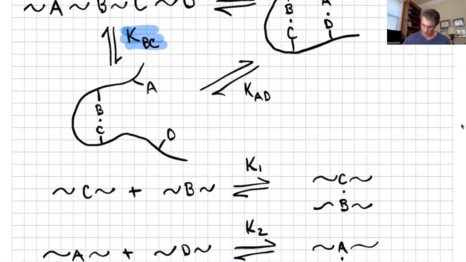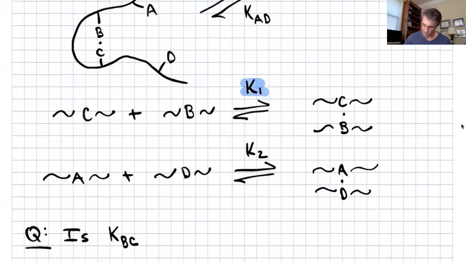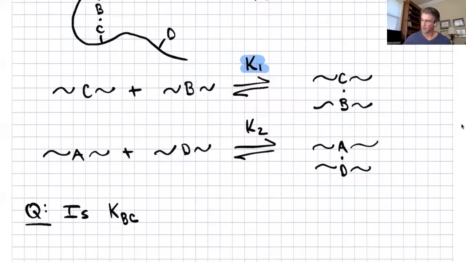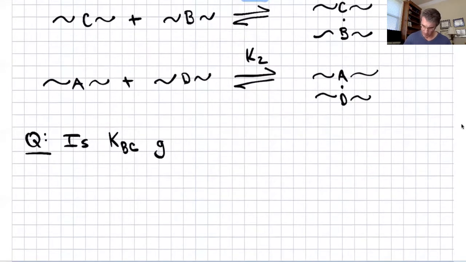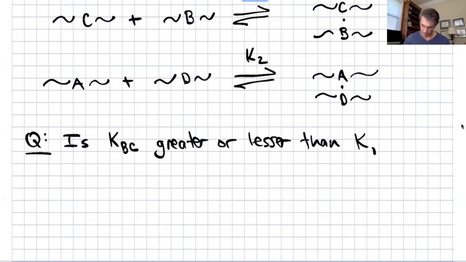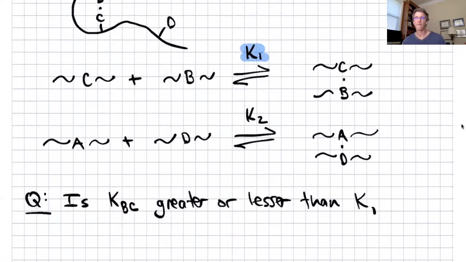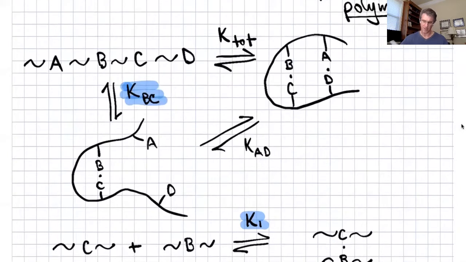Is KBC greater or lesser than K1? Which one is bigger, and therefore, which one is stronger? Is it the K1 or is it KBC?